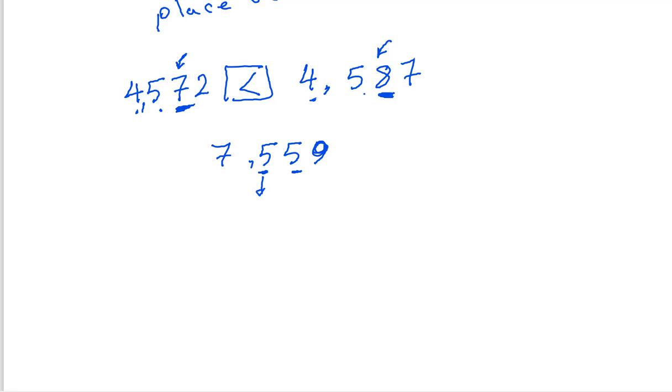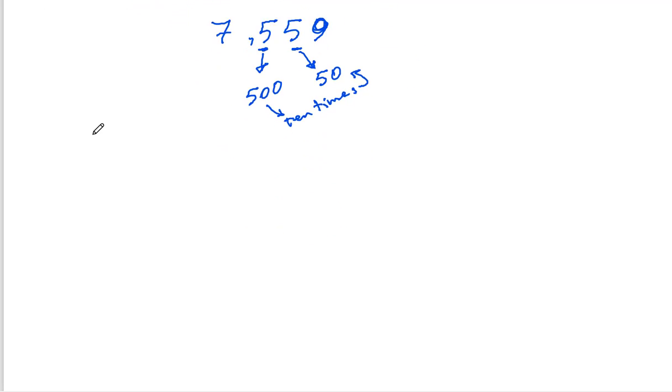The first one, the value is 500, and the second one, the value is 50. The first one, 500, is 10 times 50. So 500 is 10 times 50. When the two digits are the same and next to each other, the one to the left is 10 times the one to the right.